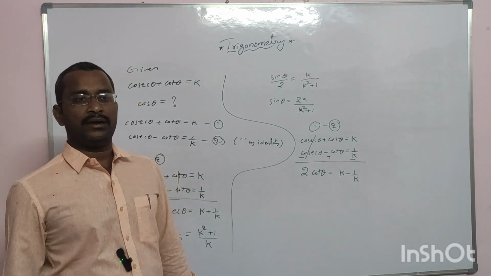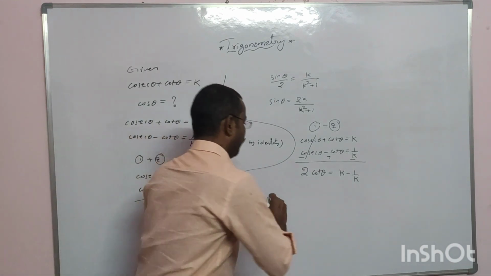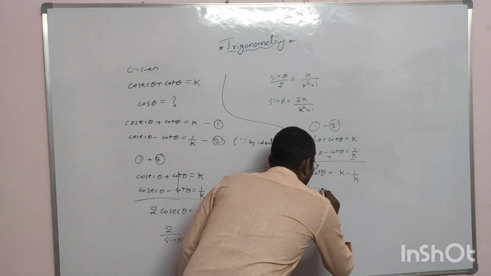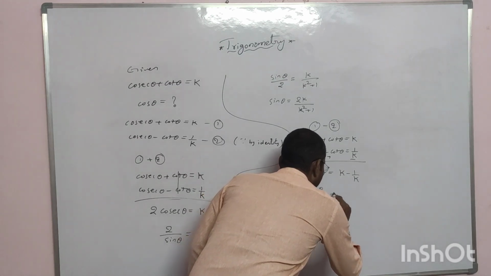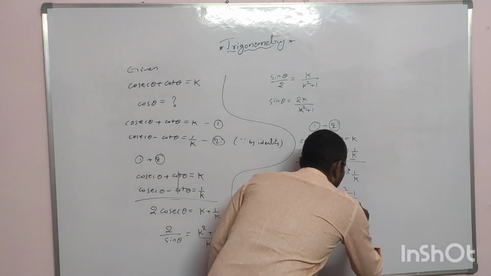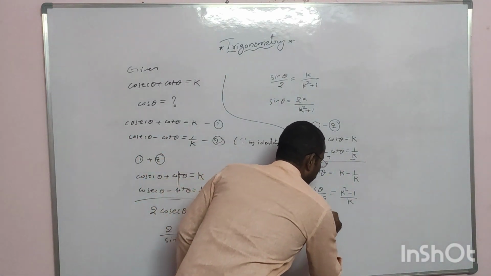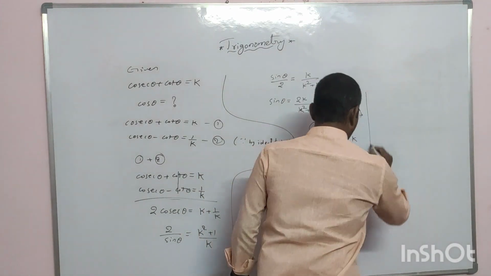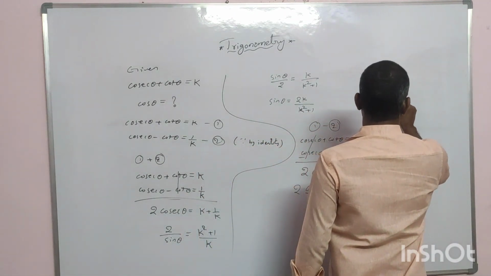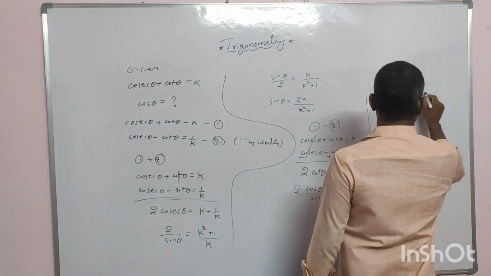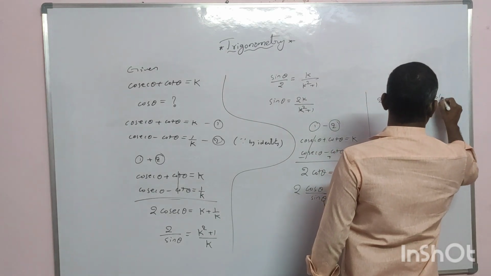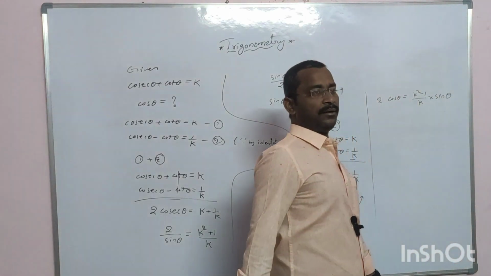What do you mean by cot theta? Cos theta by sin theta. So 2 cos theta by sin theta is equal to (k square minus 1) by k. Now transposing the sin to the other side, 2 cos theta is equal to (k square minus 1) by k into sin theta.